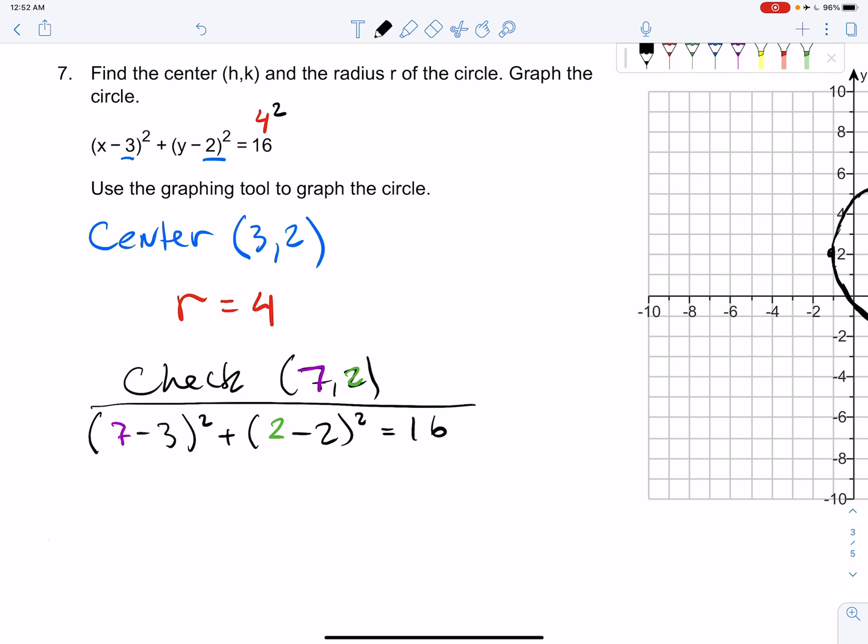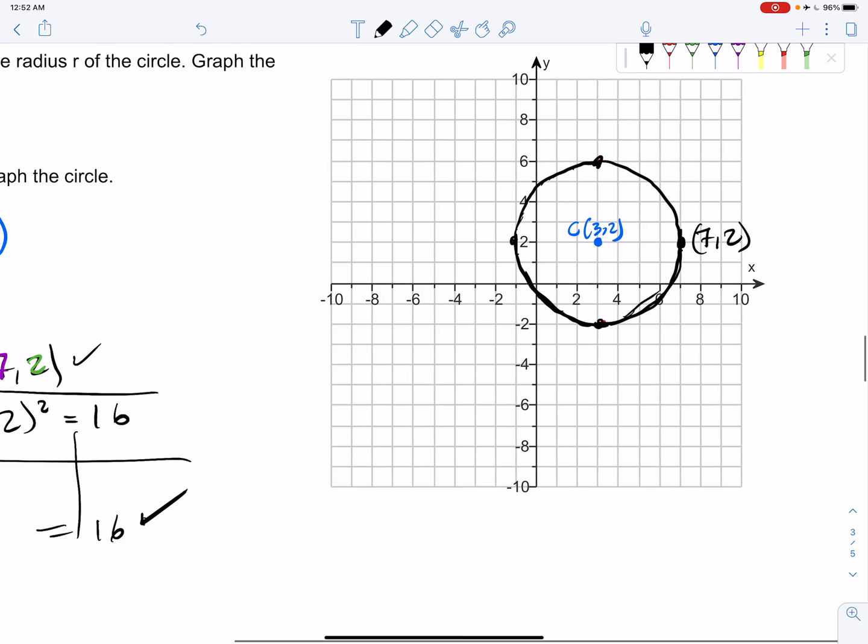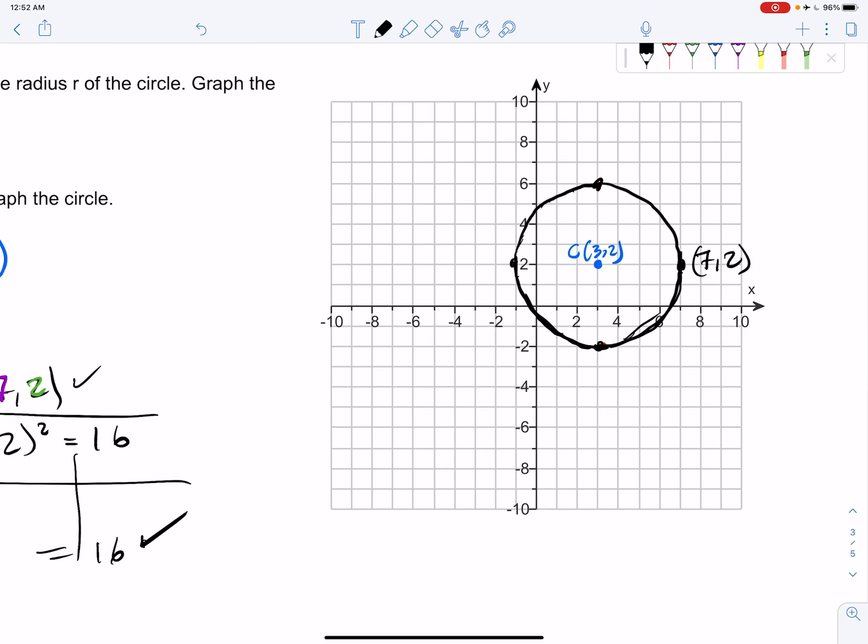And we see if we get the left side equal to 16. So 7 minus 3 is 4 squared. 2 minus 2 is 0 squared. 4 squared is 16. And you can see pretty quickly, yes, that point 7, 2 that we got from just taking the center and using our fact that the radius is 4, 1, 2, 3, 4 to the right, we actually got a point that checked out.